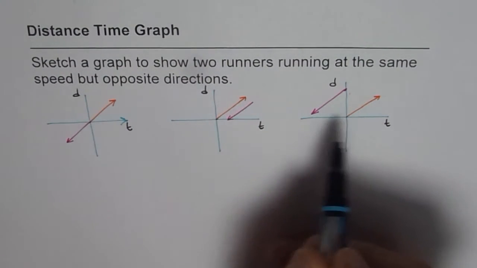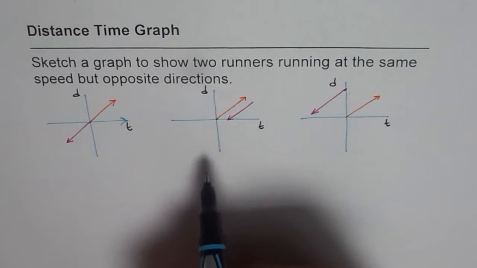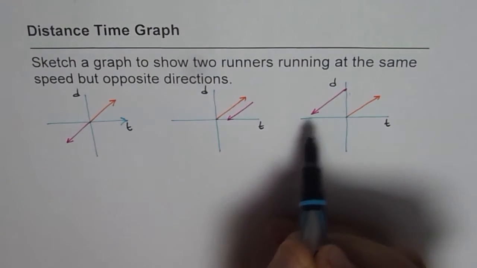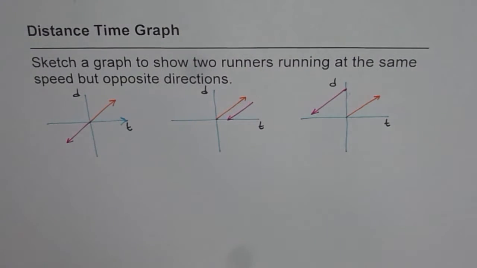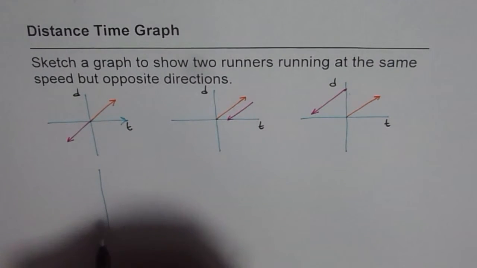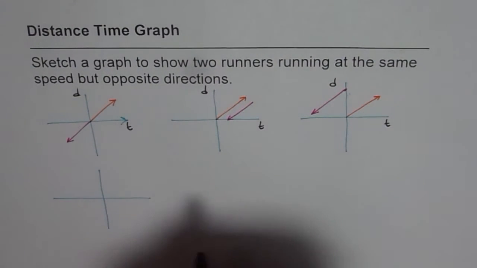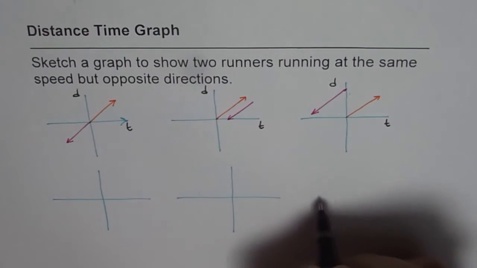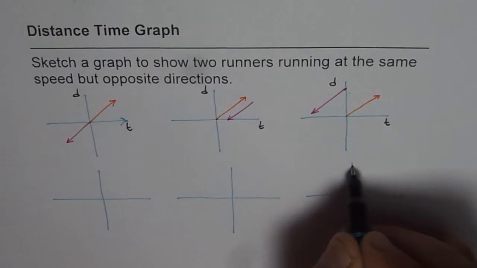In all the cases, the speed could be the same, right? Since the slope is the same. Just by pointing the arrow in the other direction does not mean that it becomes the opposite direction. So I guess I should draw some correct graphs now. So that was kind of an error which could have been made at times, right?